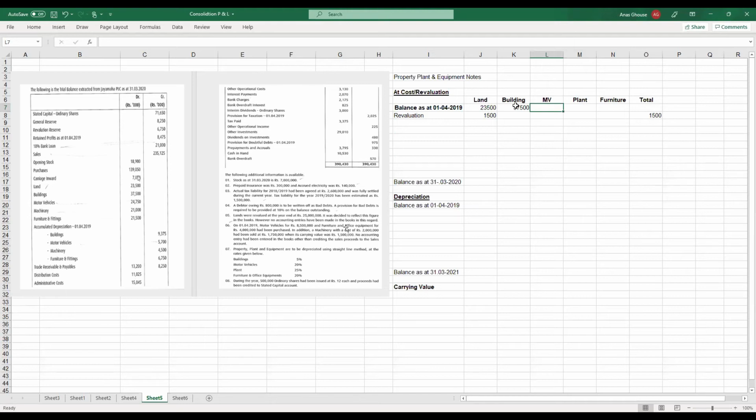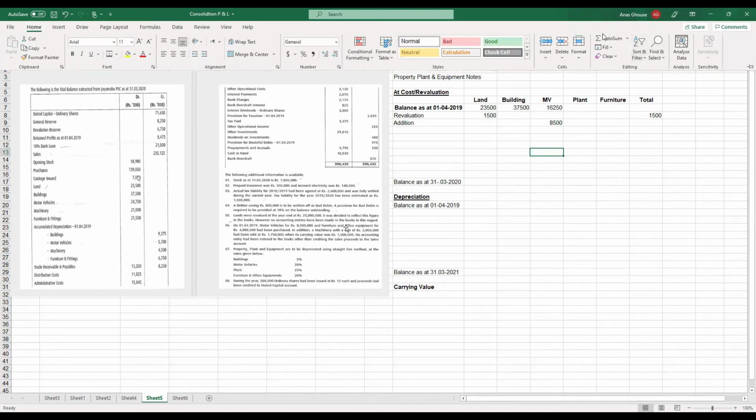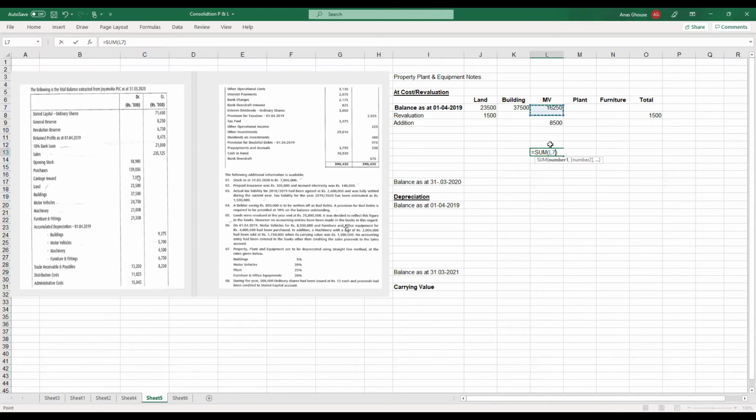So therefore the opening balance will be 16,250,000, and we can show here additions. Under additions, we can say 8,500,000. So thereby the total amount will be 20,750,000.